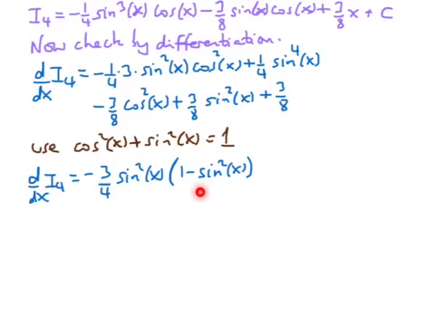So this is just this term here. The next term has the right form already, so I'll write that out immediately, plus 1/4 sine to the fourth of x.